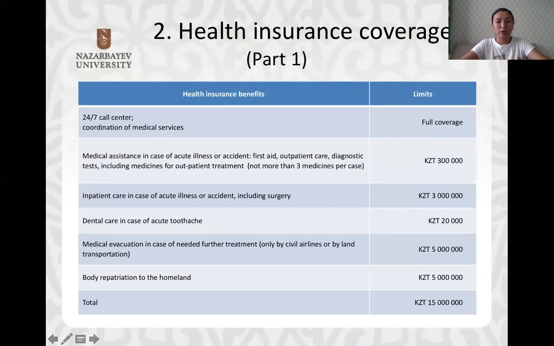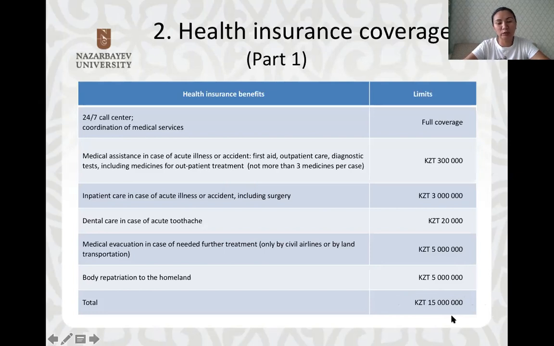And this is pretty much it, but remember that some conditions such as pregnancy and delivery are not covered, and some chronic conditions in the remission stage are not covered, and I will explain this later. And the full coverage is 15 million tenge here at Nazarbayev University.